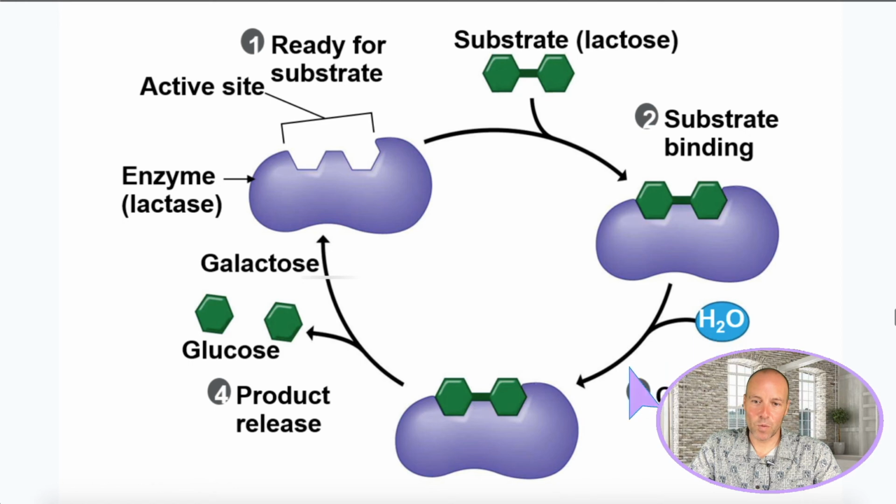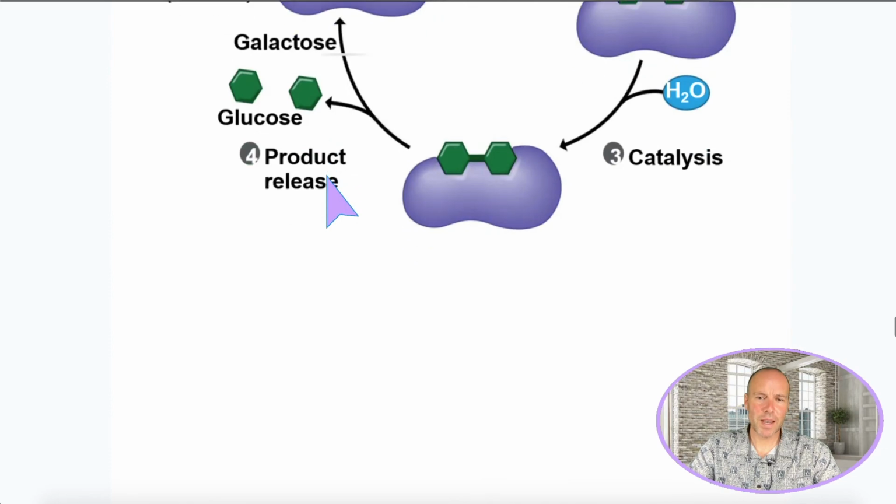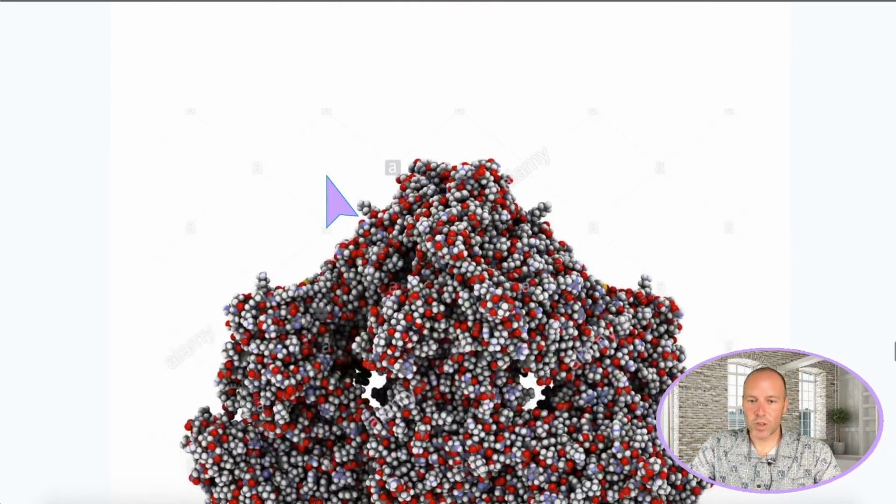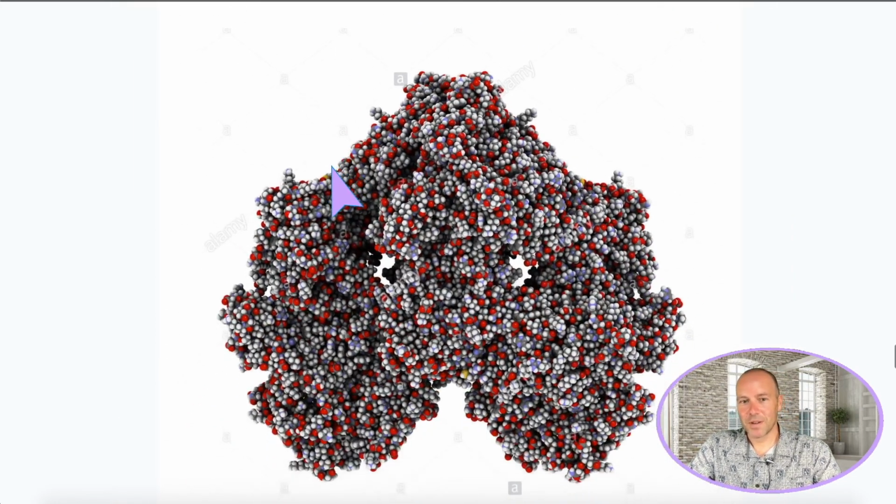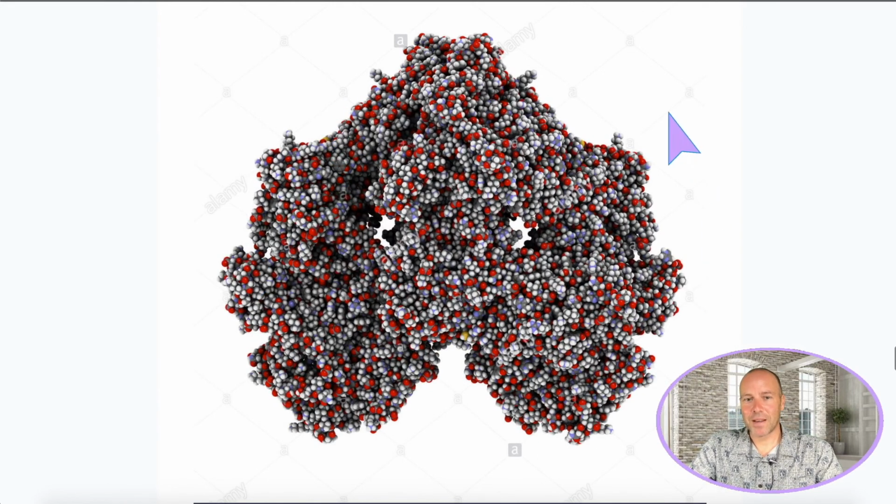It involves a water molecule too, and then the molecule breaks apart into the two product molecules, and they detach, and you get your enzyme back. So enzymes are very rich in structure. Here's a nice picture of that lactase enzyme. You can see it's quite a big molecule. It's huge compared to the reactant molecules.